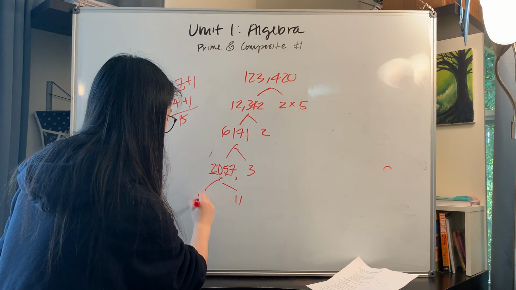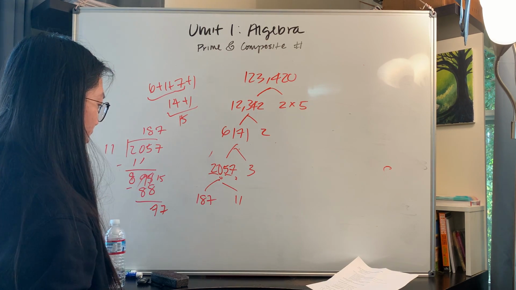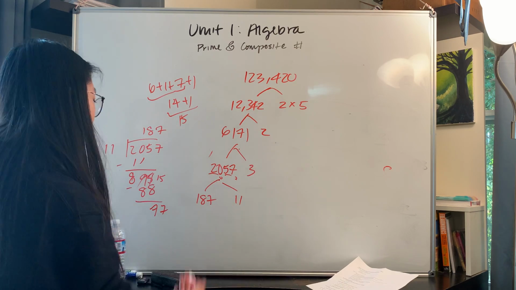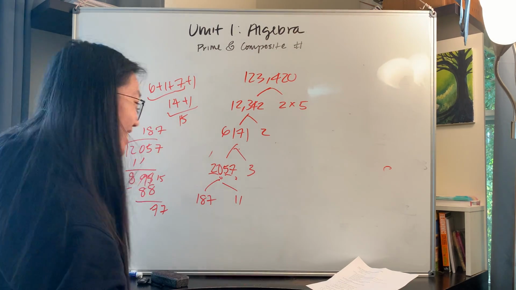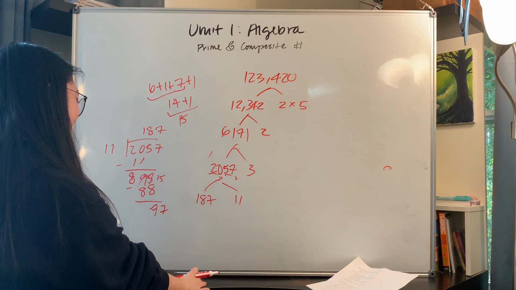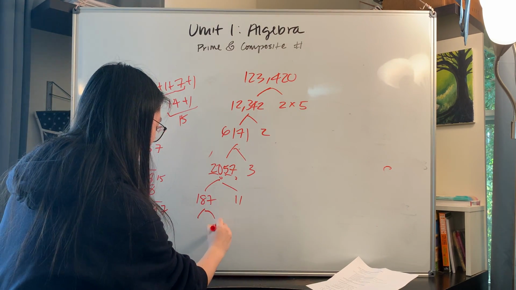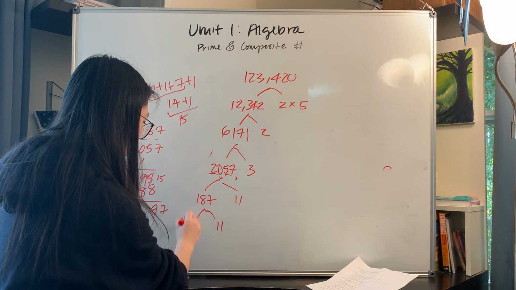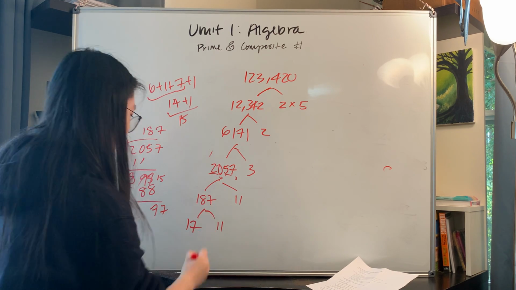And we get 187. Alright, and what else can we do with this? Oh, well, you might notice it's divisible by 11 again, because 1 plus 7 is 8, 8 minus 8 is 0. So let's divide this number by 11. We get 11 here, and then 17.